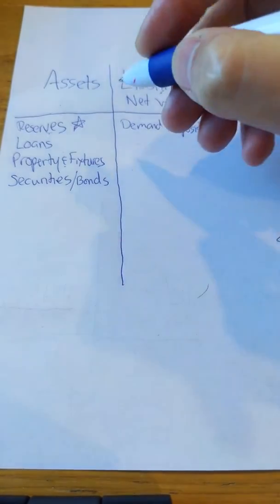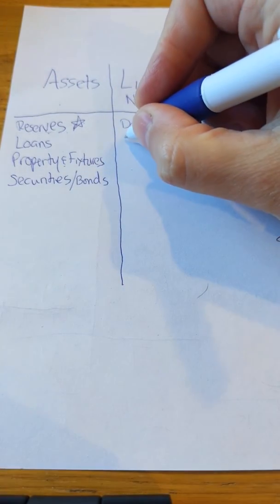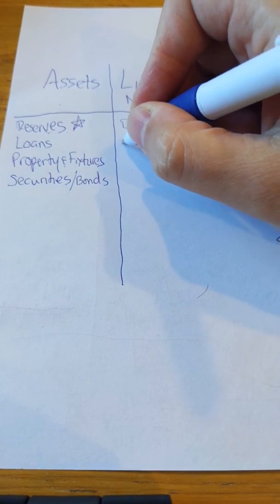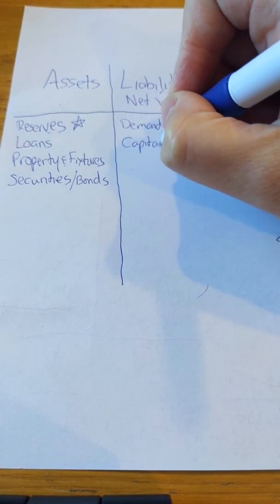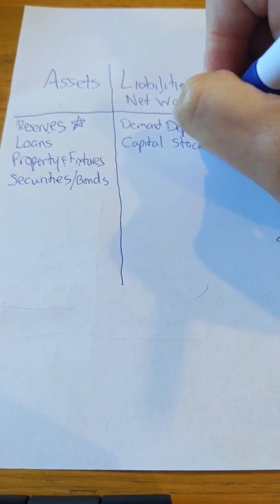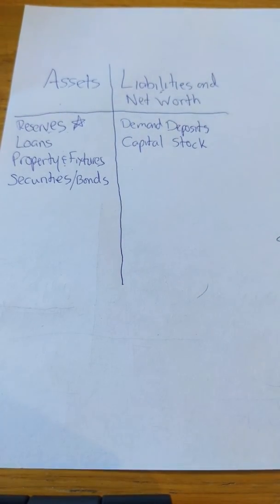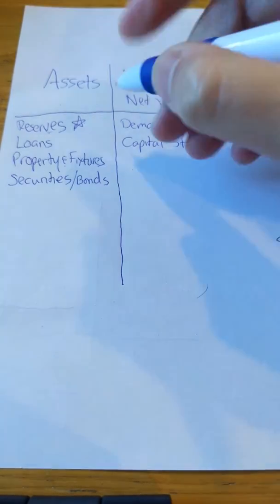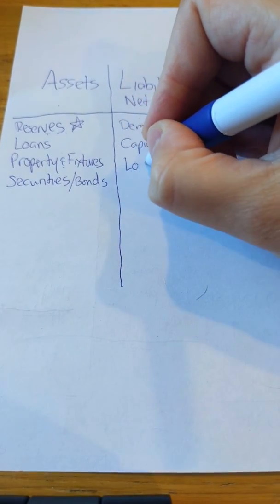All right, so next, another liability would be capital stock. And that's going to be any money that they owe other people as investors, okay? Separate from that, the bank can also take out loans.